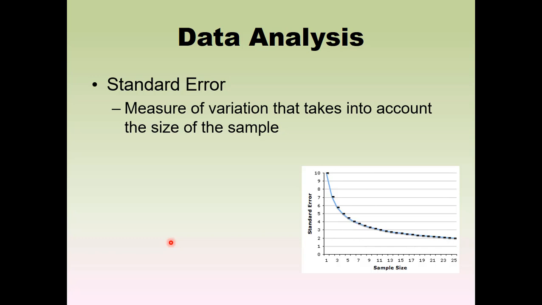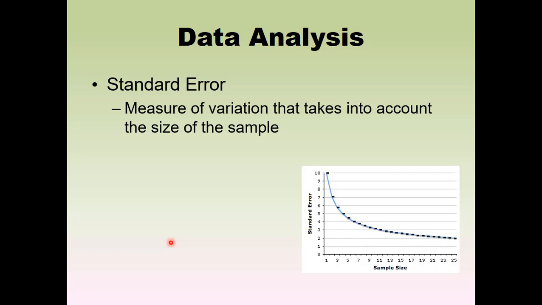Okay. However, I think you would agree that if I chose the whole class and took the mean height of all the students in the class, that would give me a better estimate of the height of students. And so that's where sampling or standard error comes into play.